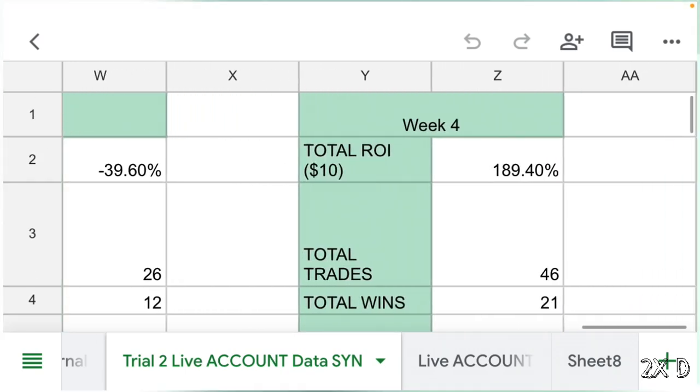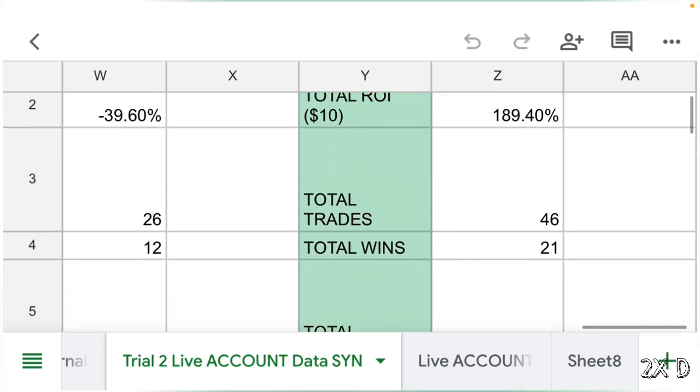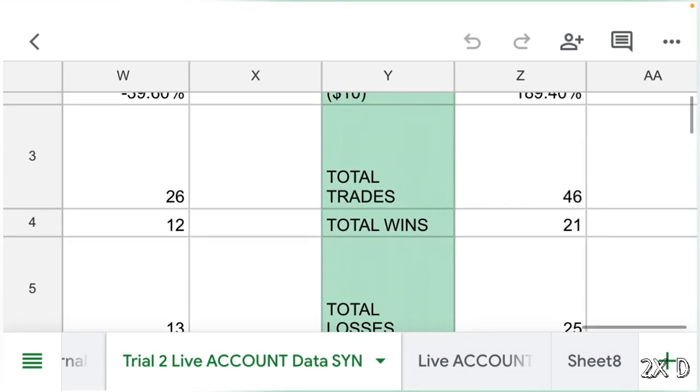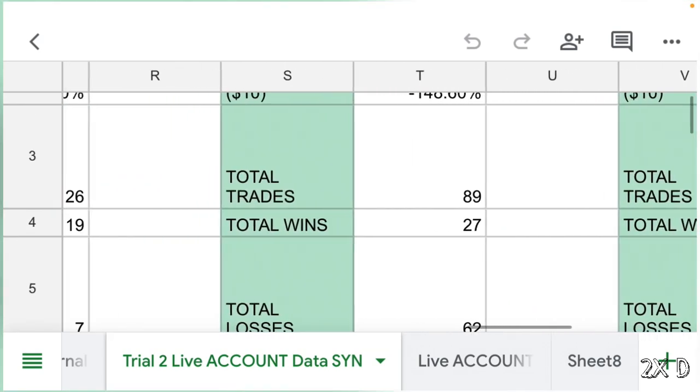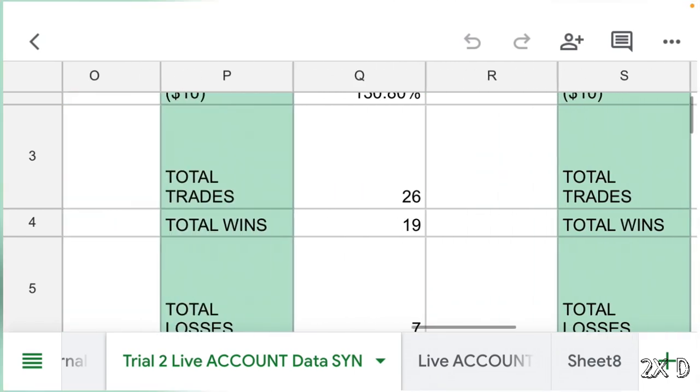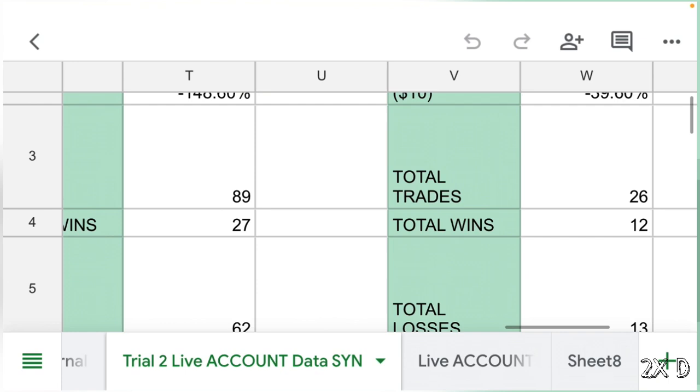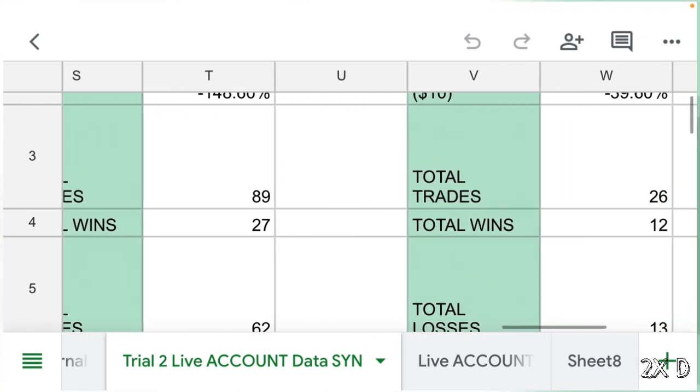Then we carry on to week 4, where I made 189% of the account. That was a result of 46 trades. 21 were winners and 25 were losers. I want you to bear in mind that the reason my number of total trades varies is because I am trading synthetic indices.